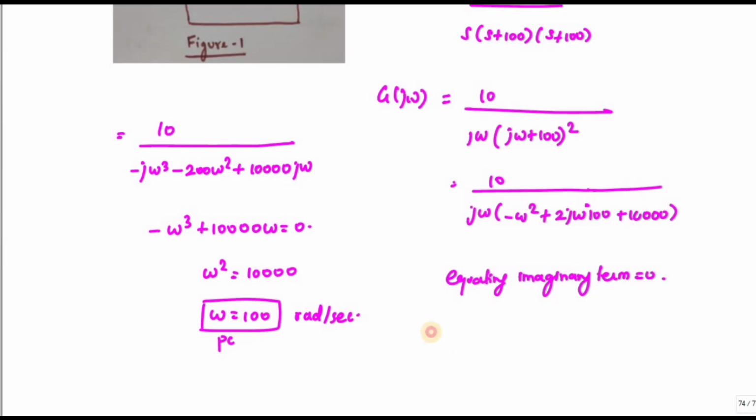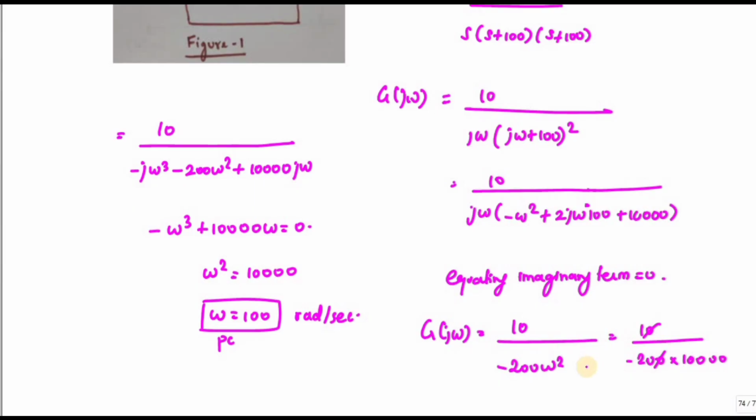Next, from this phase crossover frequency, I can find the gain margin by substituting this omega pc value in the above equation, that is g of j omega. So once I substitute, I will get 10 divided by minus 100 into omega square, right? So I substitute 100, because the imaginary term is already 0.